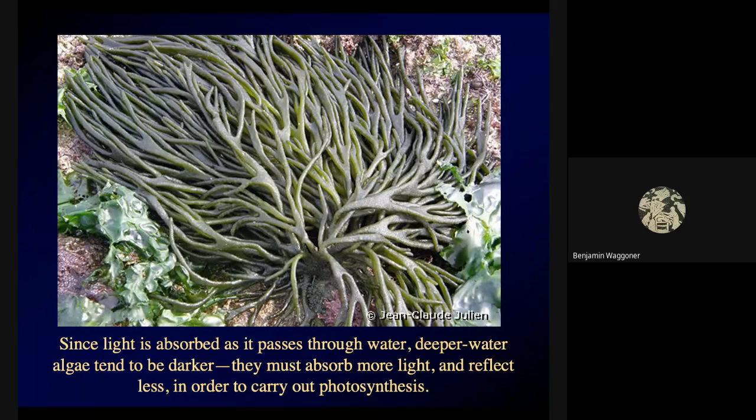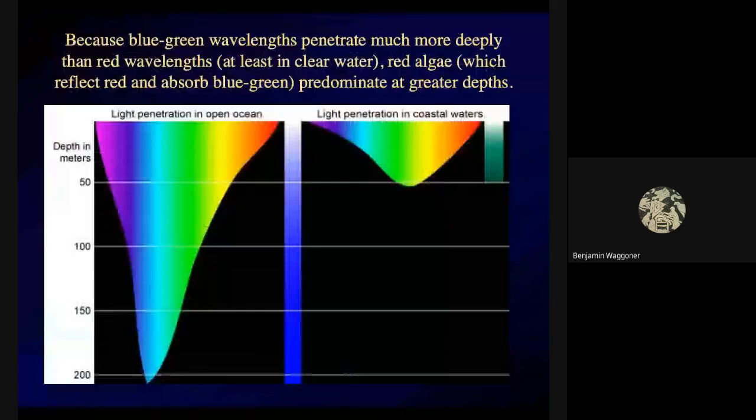We'll come back to diagrams like this, but one of the things that's important to look at when you start looking at life in the ocean through depth is, first of all, light does not penetrate all the way to the bottom, of course. Once you get down much below 200 meters, even in very clear water, you can't see anything.